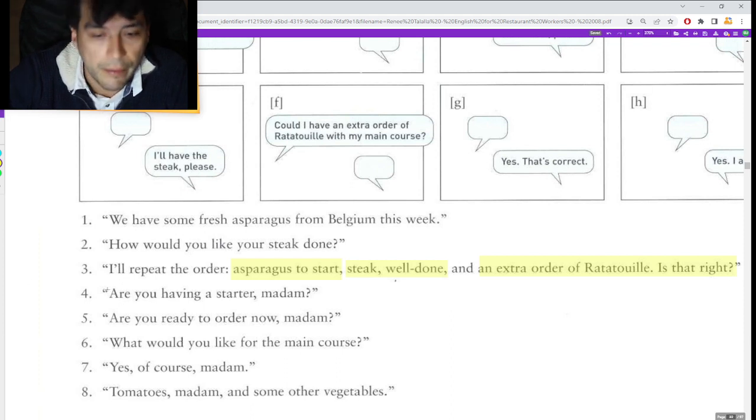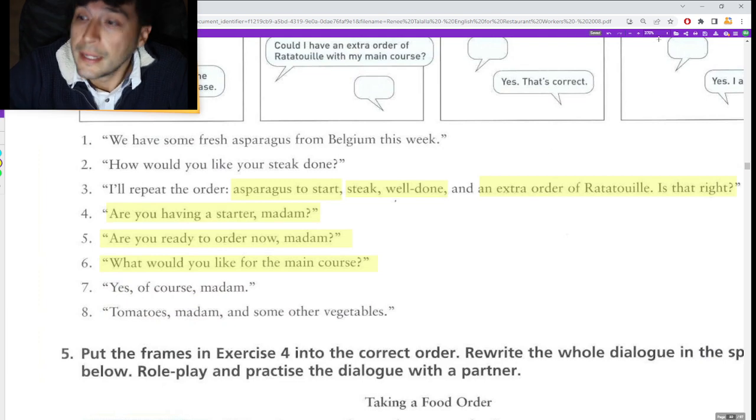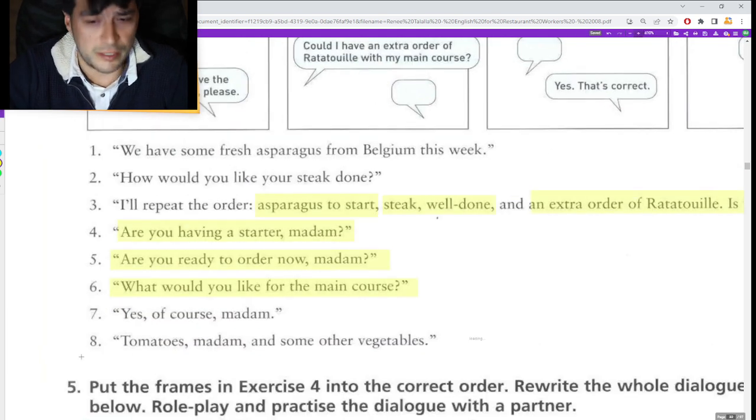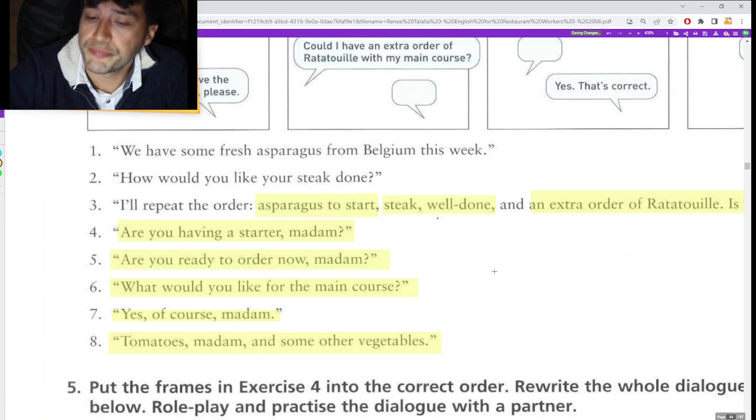Number 4. Are you having a starter, ma'am? Number 5. Are you ready to order now, ma'am? Number 6. What would you like for the main course? Number 7. Yes, of course, ma'am. Number 8. Tomatoes, ma'am, and some other vegetables.